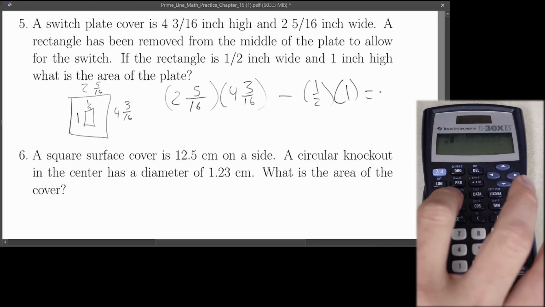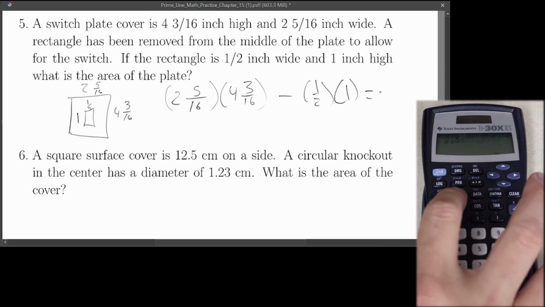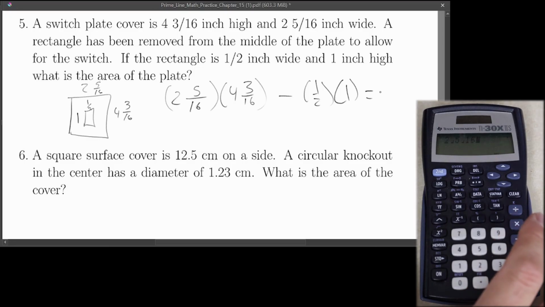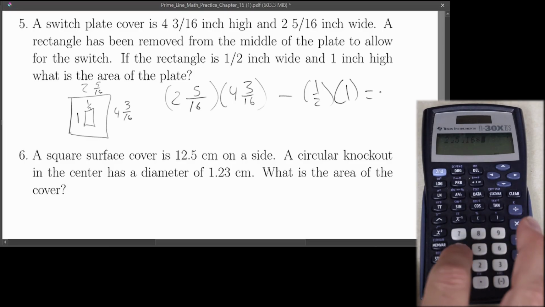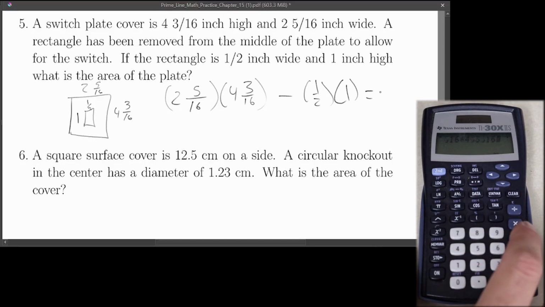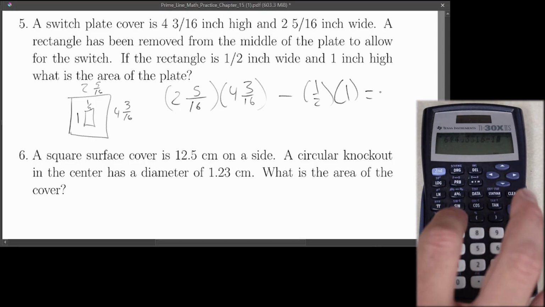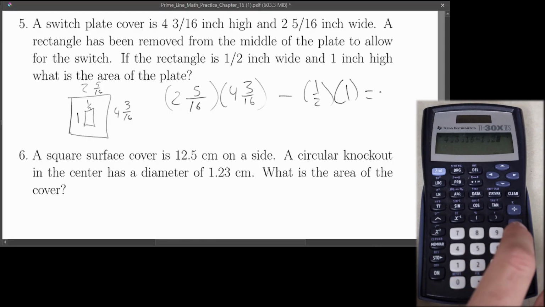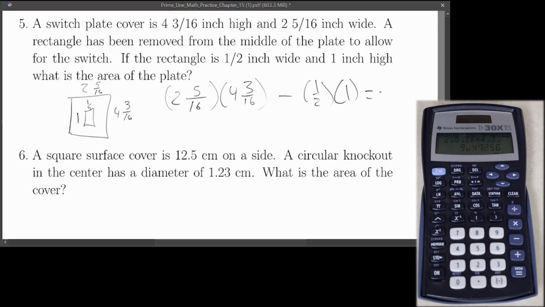So if we do 2 fraction 5 fraction 16 times 4 fraction 3 fraction 16, and we subtract 1/2 times 1, we get 9 47/256.